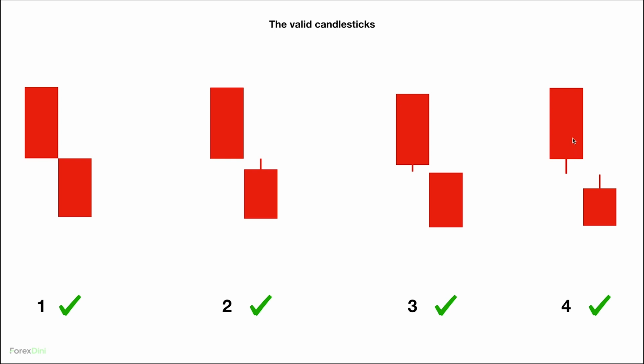Number 4, we have the first candlestick, second candlestick. This one's a bit more complex, but the reason why it's valid is because we have a wick here, another wick here, and they're not touching each other, right? It's still following the rule, right? The second candlestick is smaller in size and it's completely below the first large candlestick. It doesn't matter what it has, wick or no wick.